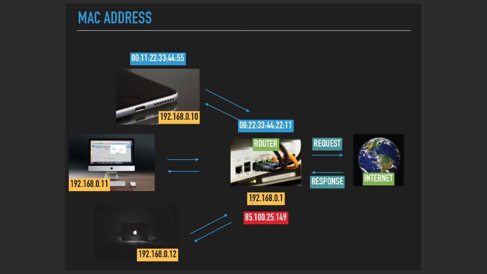But also we have some local IPs like this one, okay? 192.168.0.10, 0.11, 0.12, and generally the router has .1 and assigns some other values like .10, .11, .12 to the other devices that are in the network. Okay, so we actually have these local IPs in the NAT network as well.